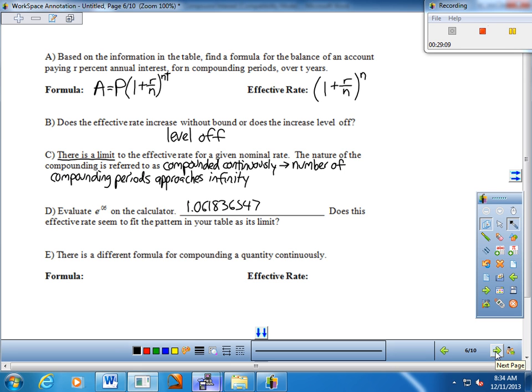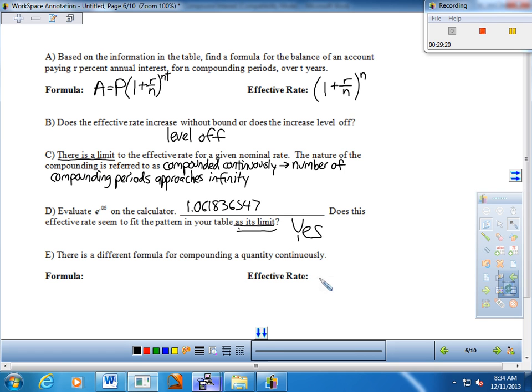Okay. Really, quite amazing. So let's see. Does this effective rate seem to fit the pattern in your table as its limit? You bet. Absolutely. So there is a slightly different formula for compounding a quantity continuously. Again, this would be approximating an infinite number of interest payments over the course of the year.